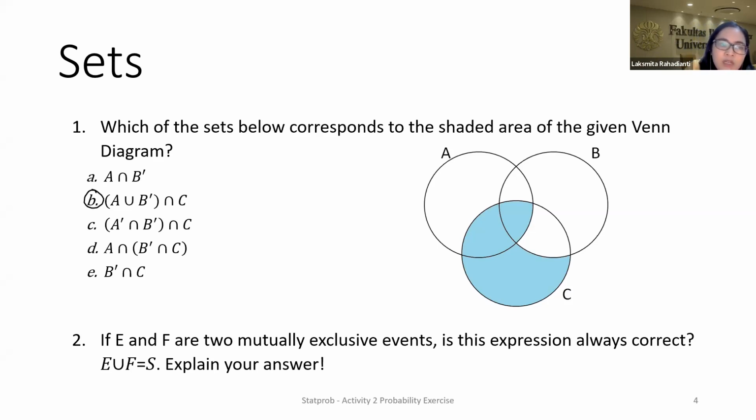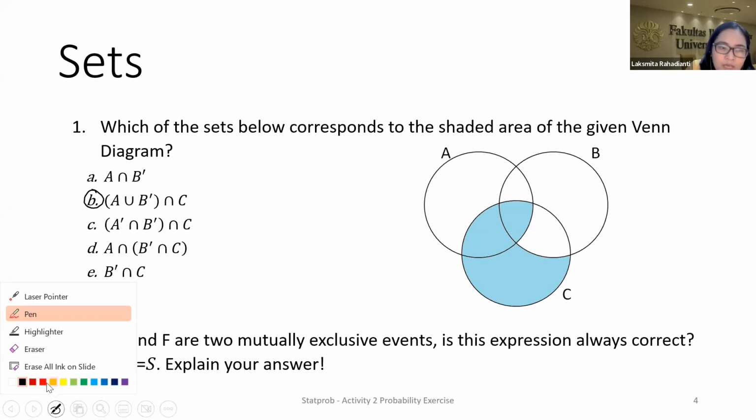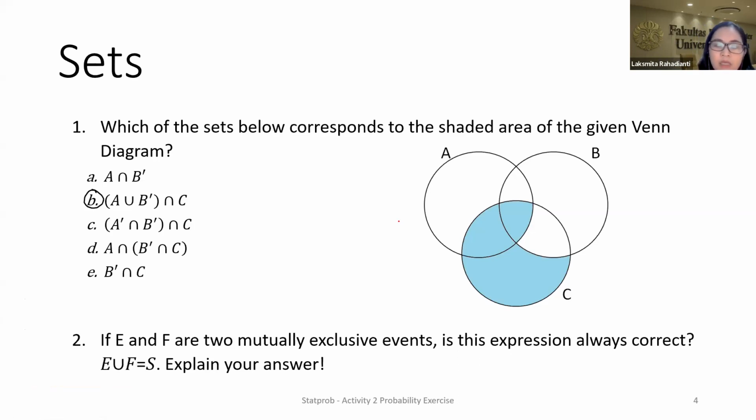A union B complement. So A would be this one. B complement would be everything aside from B. I'll go the other way just to distinguish the two.